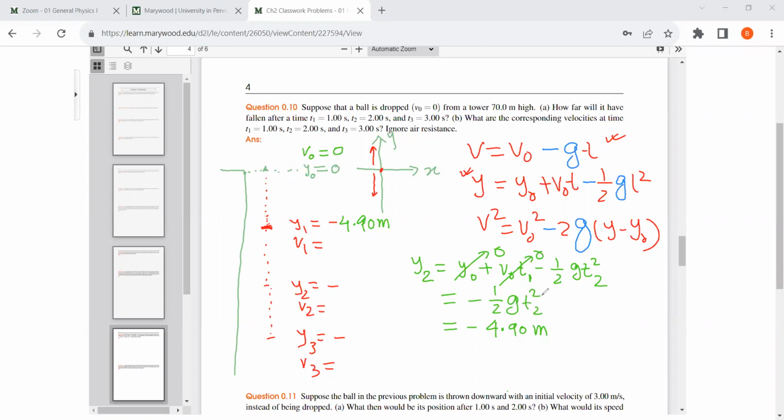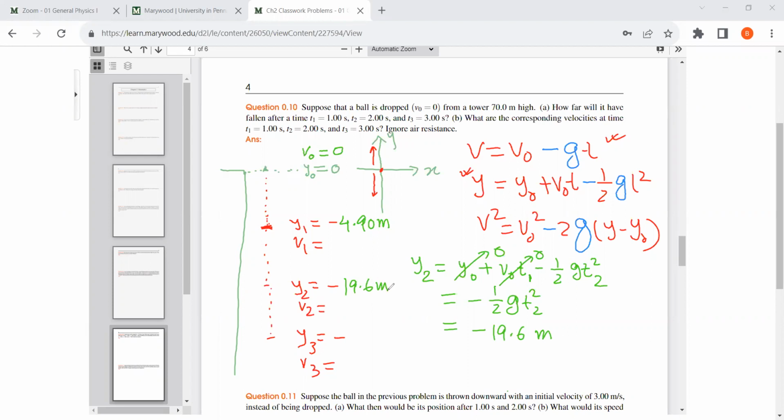And t2 means time equal to 2 seconds. So if you plug the value t equal to 2 seconds, then you can show that y2 is negative 19.6 meter.